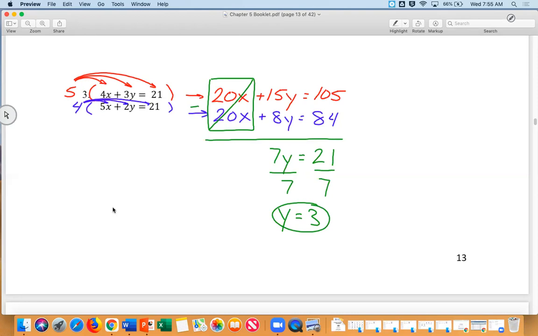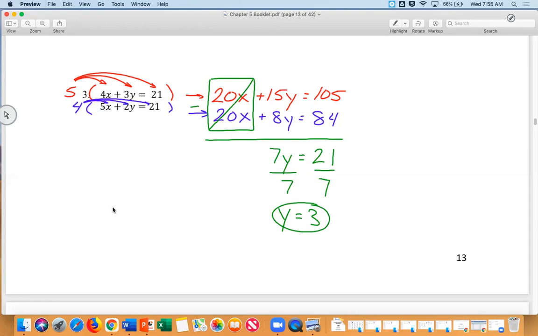All right, here we go. So I now have y, and we know what to do once we have that. We pick an equation and we go back. Now we have 4 equations. We have the blue, we have the red, and then we have the 2 original equations. I strongly encourage you to pick one of the original equations.